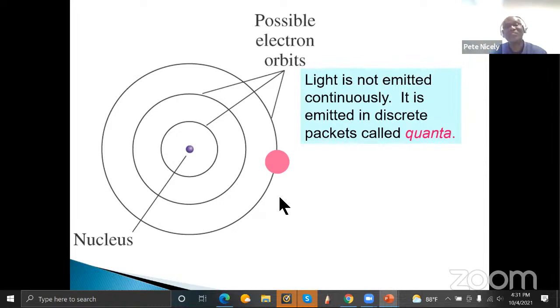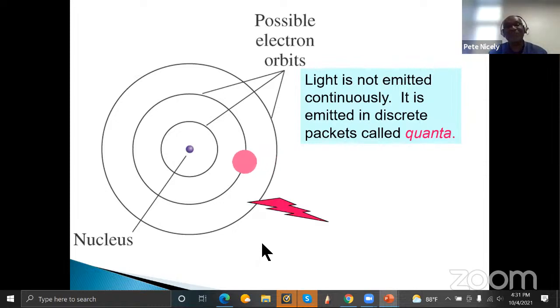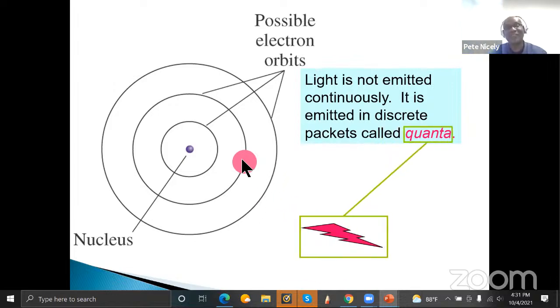So going back to where the light is produced as a result of the transition from the third to the second orbit, that energy gap corresponds to this quantum of energy or radiation that is produced. All right, so that's what the Bohr model is suggesting, and that explains the different colors of light or lines in the line spectrum for the hydrogen atom.